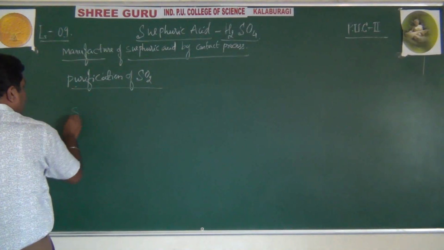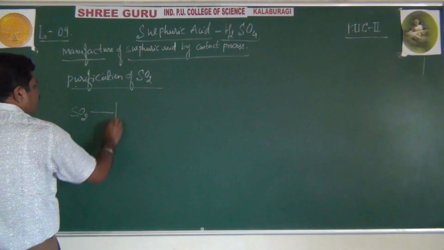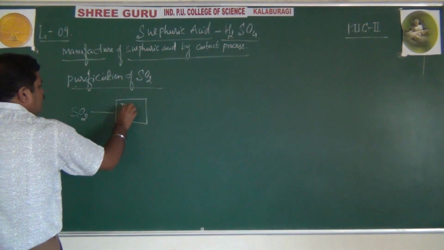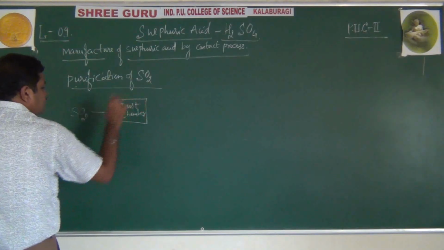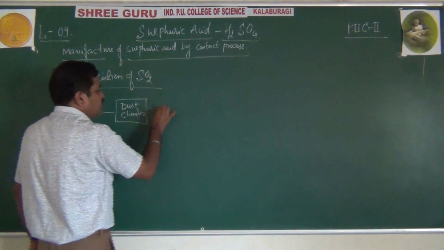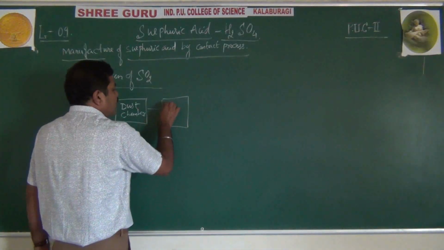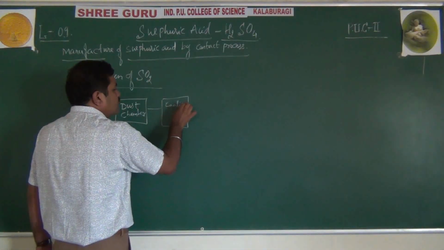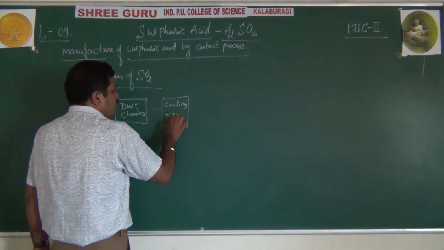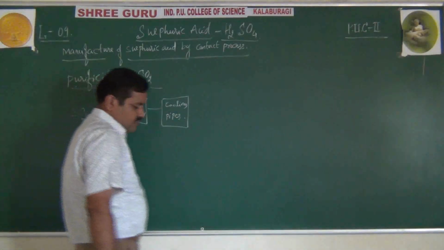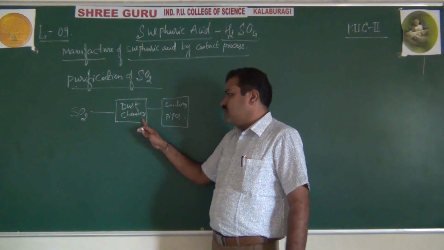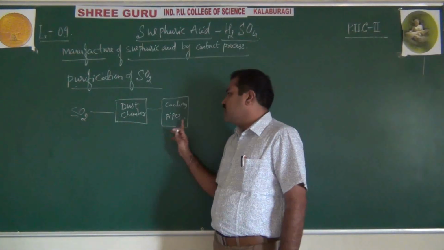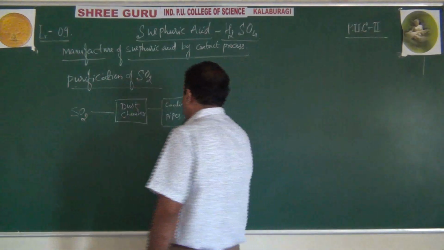First, this sulfur dioxide is passed through the dust chamber. There, suspended dust particles are removed. Then it is passed through the cooling pipe, because we are passing SO2 at a very high temperature. Here suspended dust particles and water soluble impurities are removed. Then it is cooled.